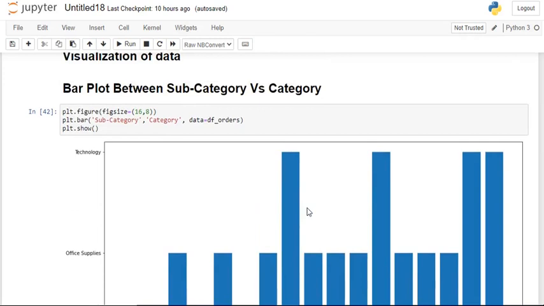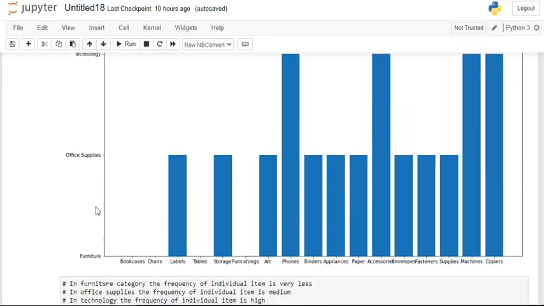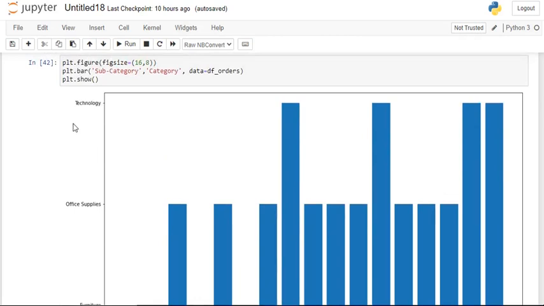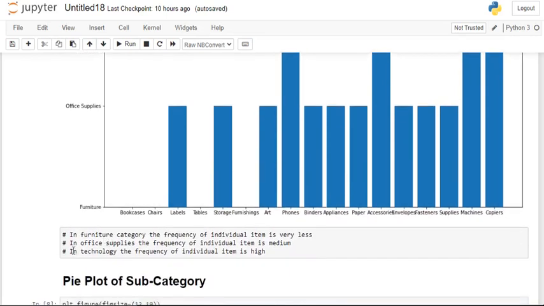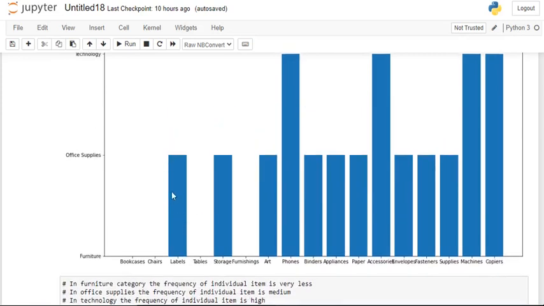There are three different categories, that is furniture, office supplies and technology. These are the three different categories in the data set. Under each category, there are different subcategories. Let us see here. In the furniture category, the frequency of individual items is very less. This bar represents the frequency of the number of items in the particular variable.